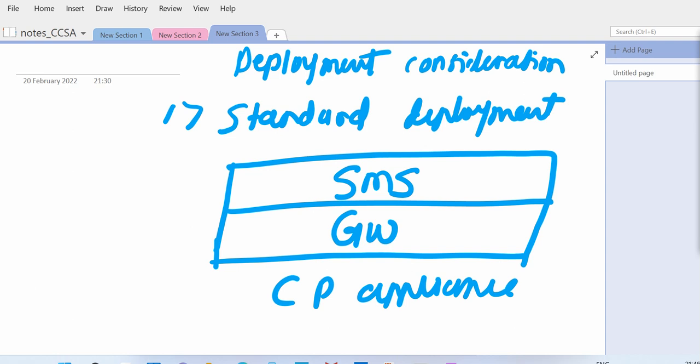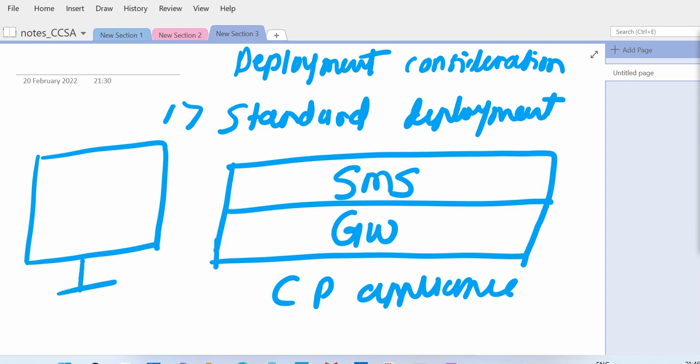This is what we have as a standard deployment. The same goes for software. If you have software and you are installing it onto some sort of server, this server is divided into two parts, the SMS and the gateway, right?